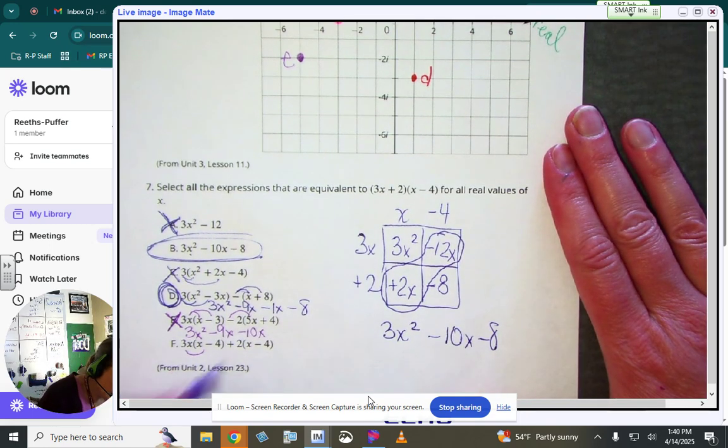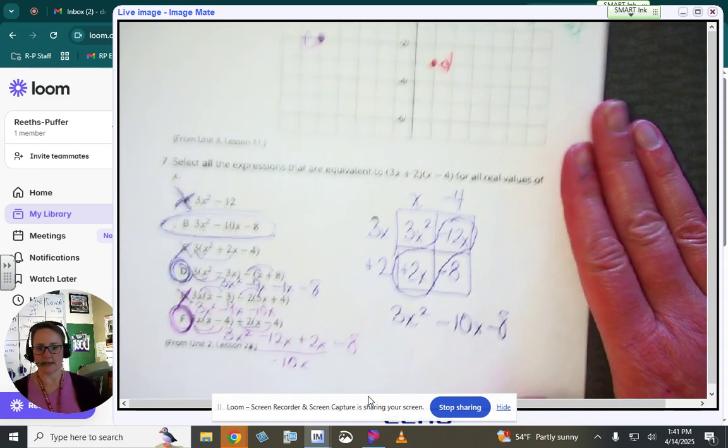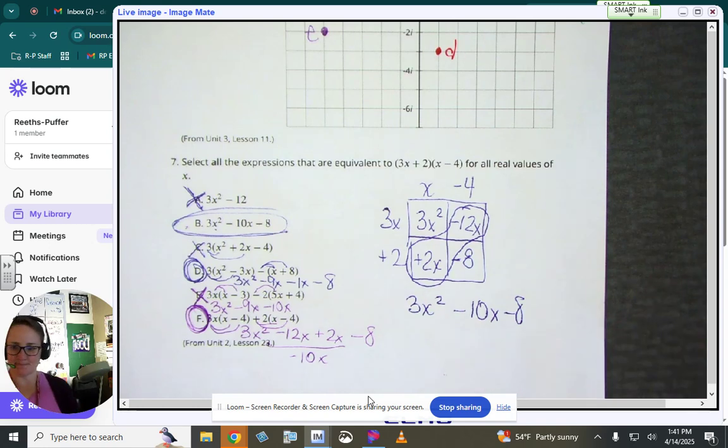And last but not least, 3x squared minus 12x plus 2x. Okay, that's still in the running because these equal negative 10x. Minus 8, we have a third one. So B, D, and F are equivalent. We made it. All done.